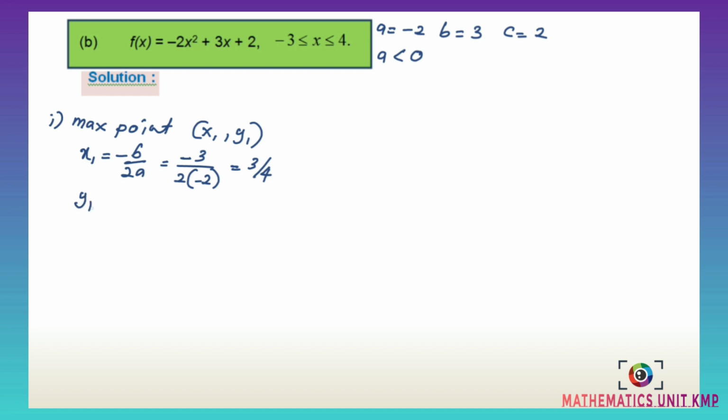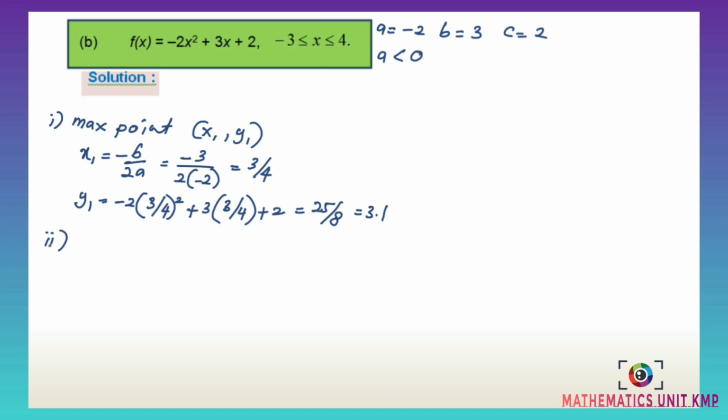And y1 is found by substituting the value of x1 into the function: negative 2 times 3/4 squared plus 3 times 3/4 plus 2, equal to 25/8 or 3.1.